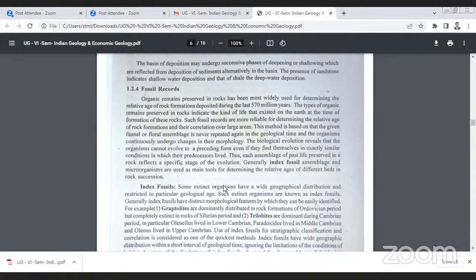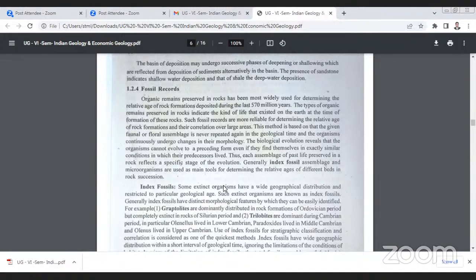Biological evolution reveals that organisms cannot evolve identically, even if they find themselves in exactly similar conditions.